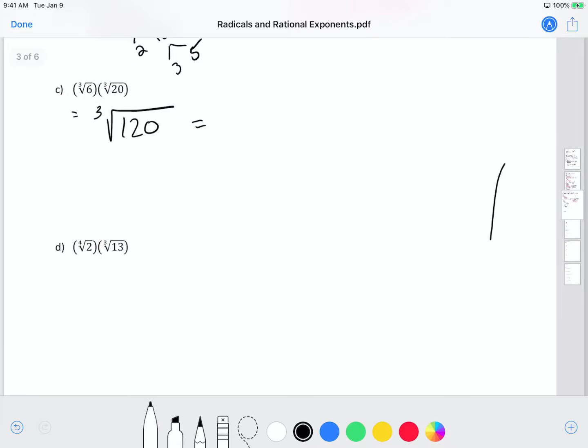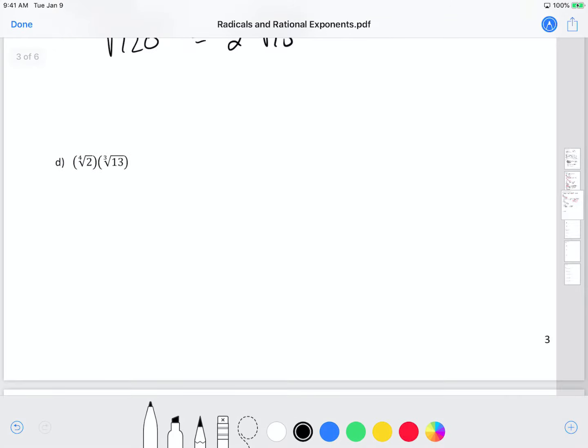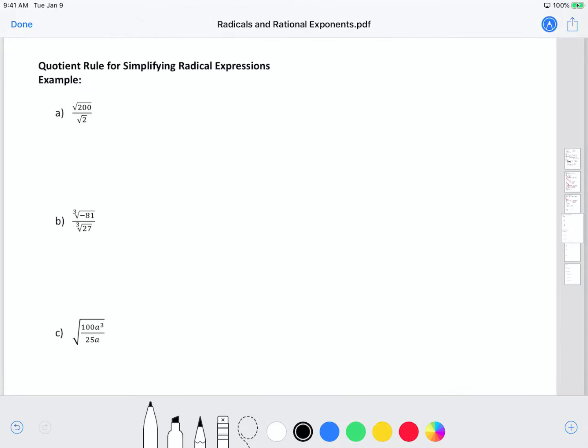And luckily, since we already figured out the cubed root of 120 in the previous example, we know that it's 2 and then the cubed root of 15. Part D, notice that these have 2 different roots. So I can't use the technique of just multiplying what's underneath together.